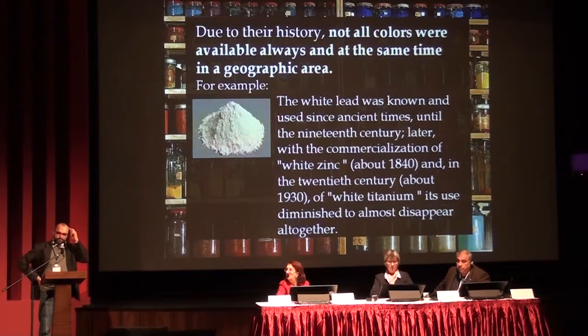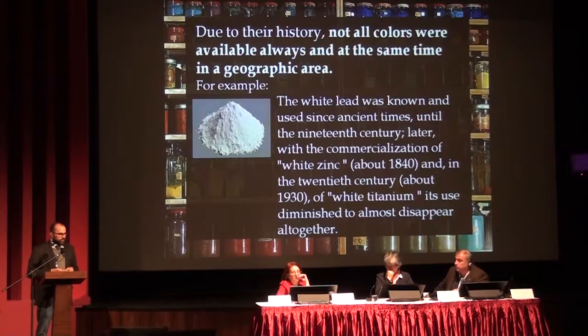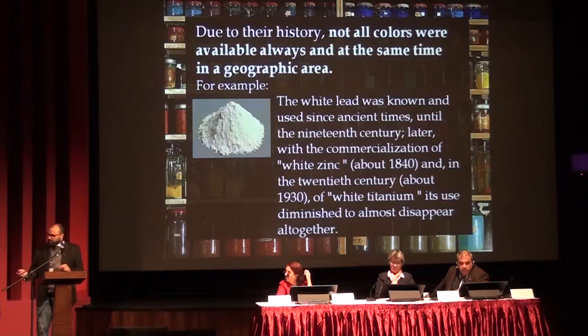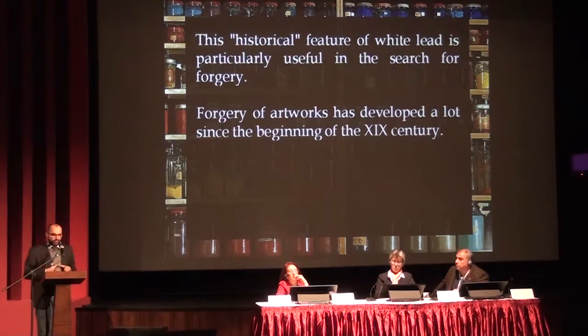So it was substituted by white zinc, and then in about the 19th century by white titanium, that is more stable than white zinc. So nowadays, if we go in a shop, we cannot buy white lead, because it's not produced anymore. What does this mean? It's a kind of historical feature that characterizes this color.